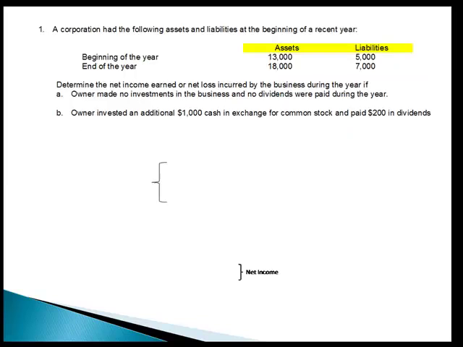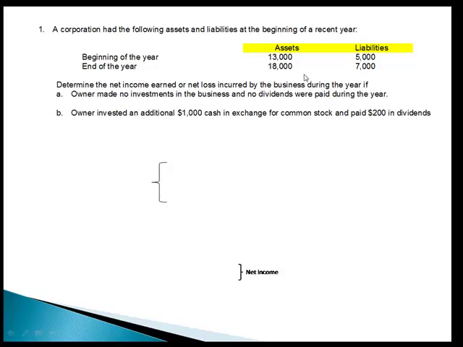All right. Our second piece that we're going to look at is a corporation had the following assets and liabilities at the beginning of a recent year. This is like a homework problem that you'll have, and you need to analyze and determine net income for each of these scenarios, A and B. So at the beginning of the year, assets were $13,000, liabilities were $5,000.